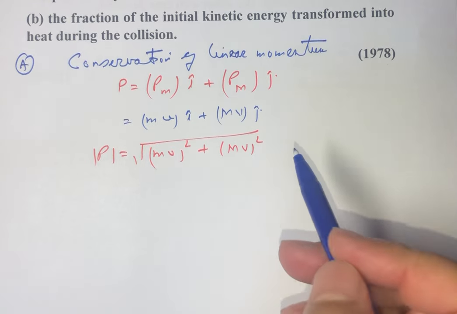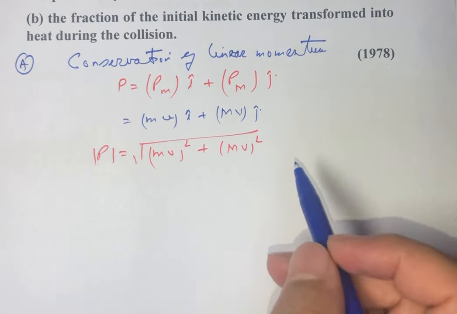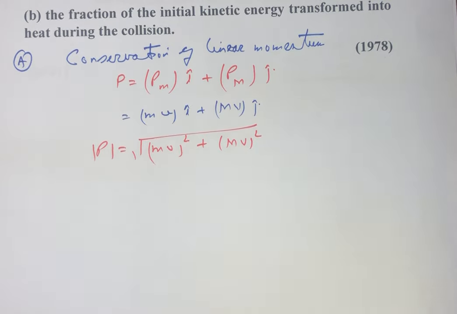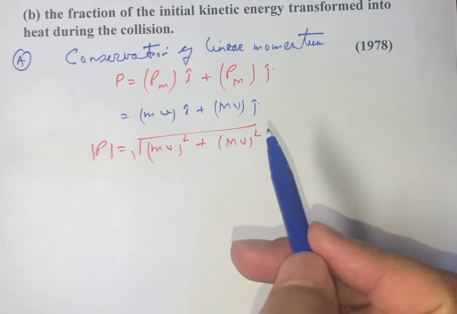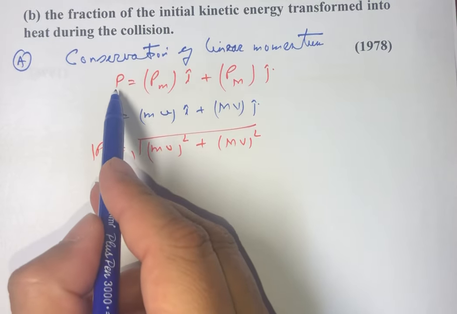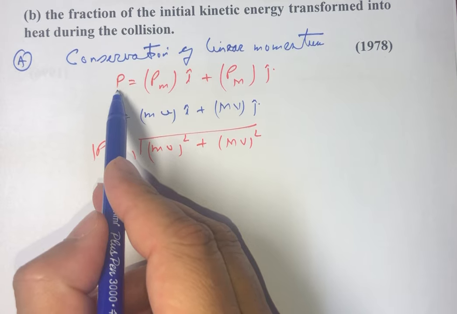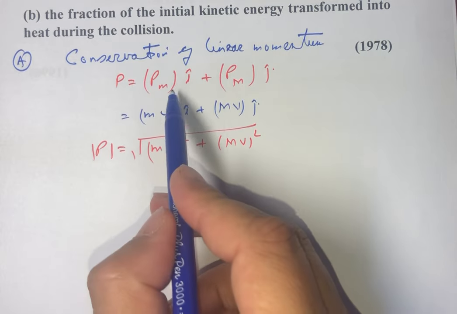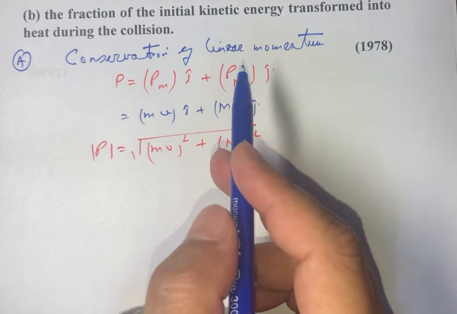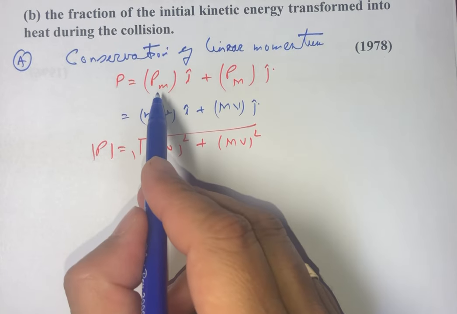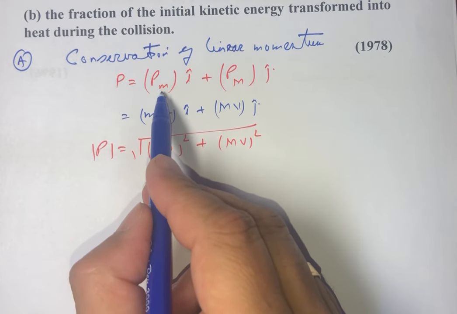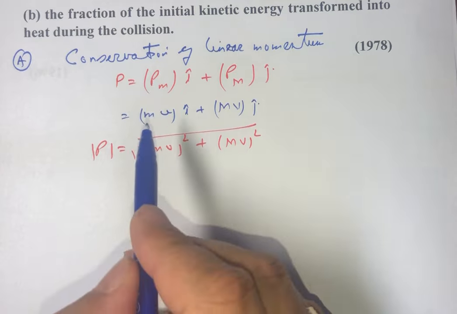In this case we can clearly see that P is our final momentum when both are combined, and the right side is their initial momentum, that is momentum of small mass and capital mass.